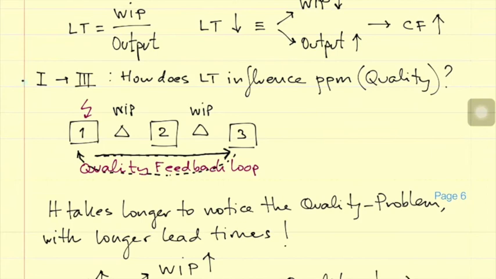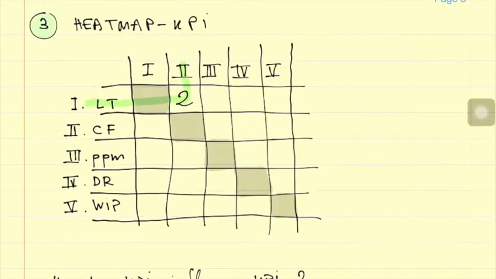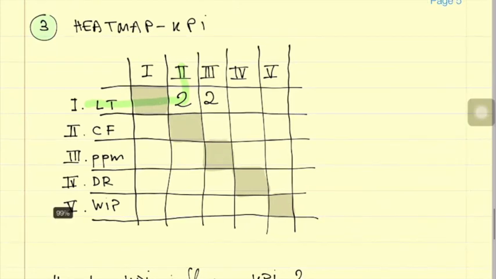So this means that ppm is going up, meaning that the correlation is strong. The influence is strong. If you have questions, please ask, okay? Otherwise, I just continue. What is the correlation, or what is the relationship, what is the influence of lead time to delivery rate?